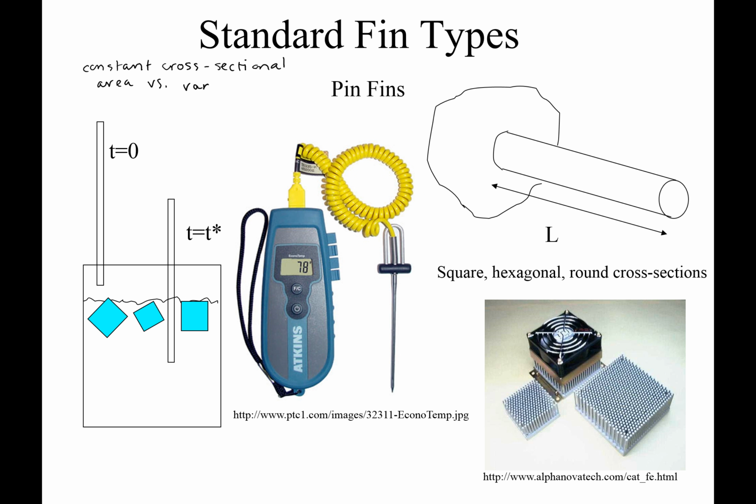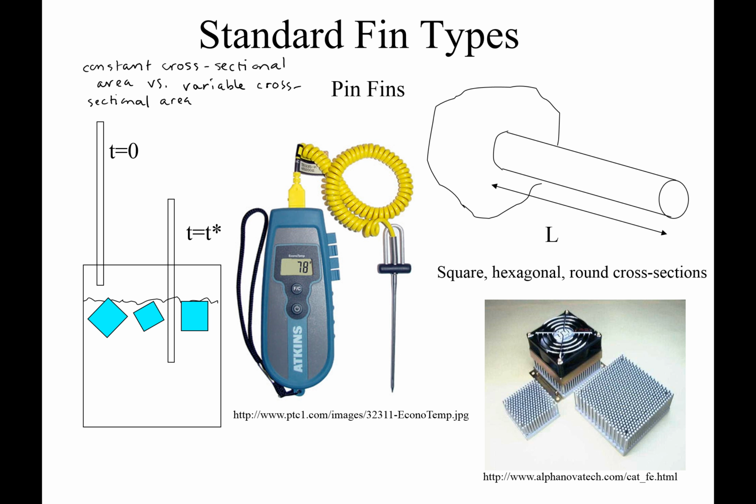We're going to spend some of our time really understanding constant cross-sectional area fins because we get really the insight that's required for all fins from these types of problems, and it's a much easier analysis.